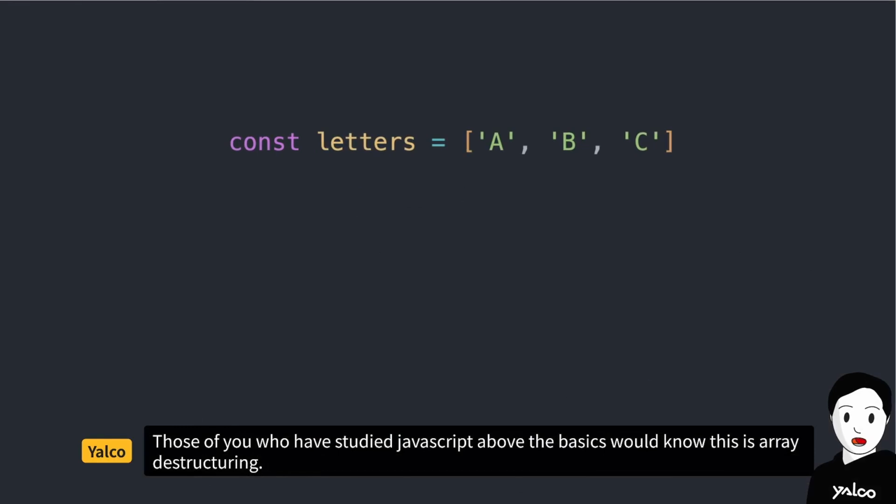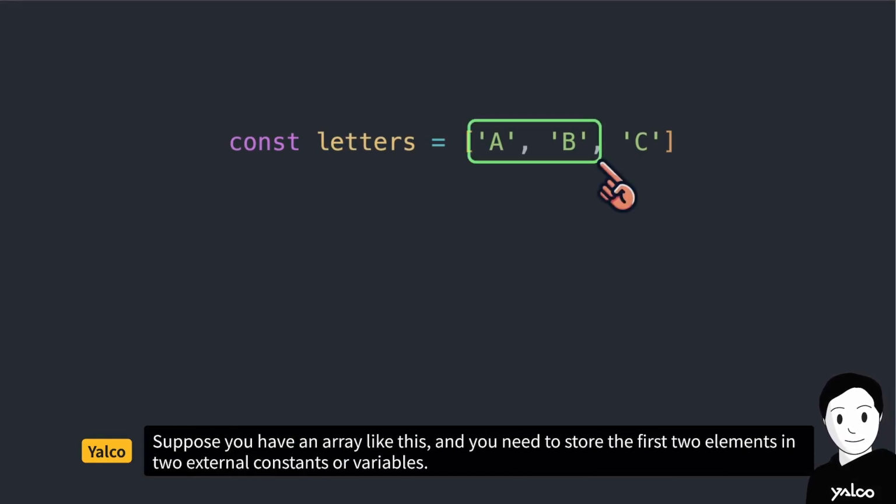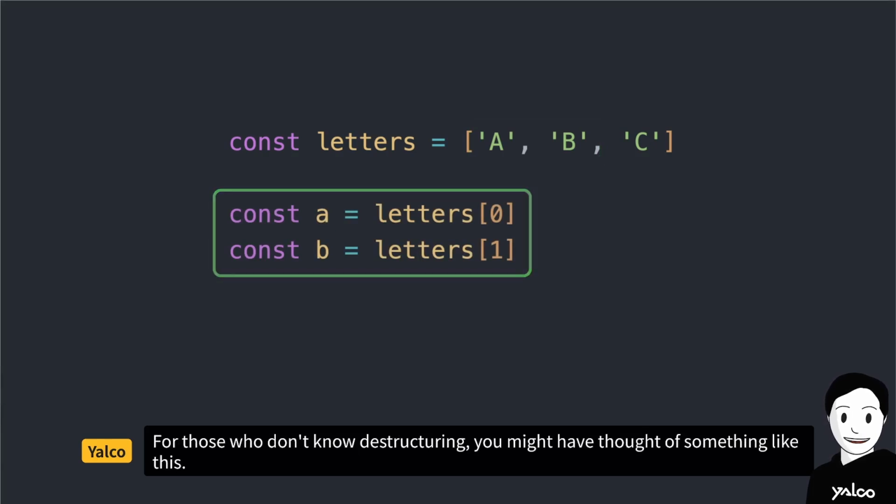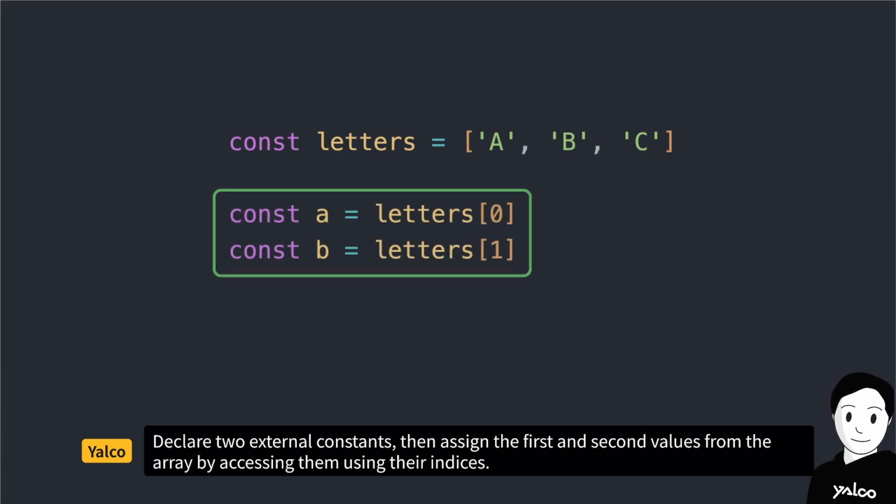Those of you who have studied JavaScript above the basics would know this is array destructuring. Suppose you have an array like this and you need to store the first 2 elements in 2 external constants or variables. For those who don't know destructuring, you might have thought of something like this. Declare 2 external constants. Then assign the first and second values from the array by accessing them using their indices.